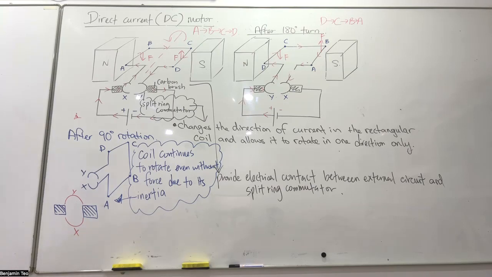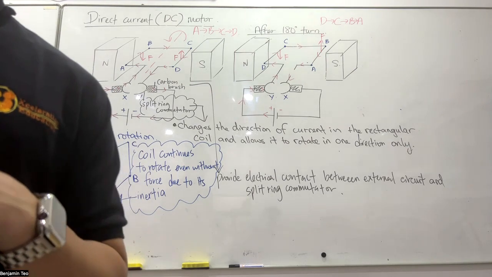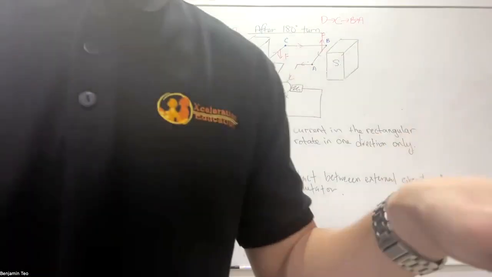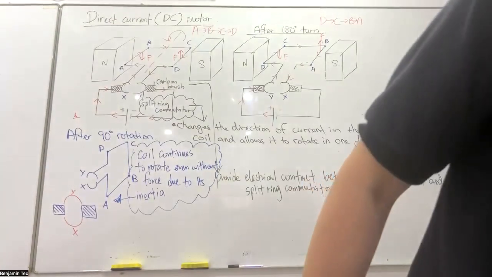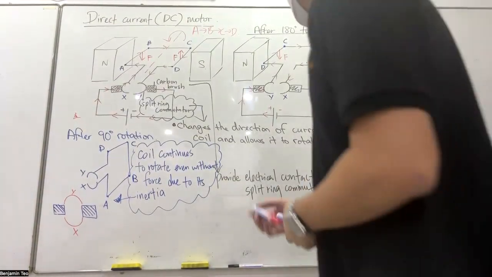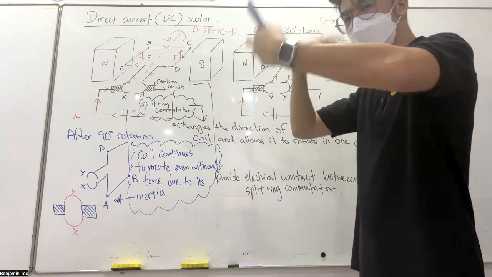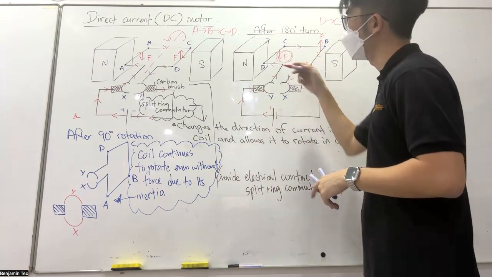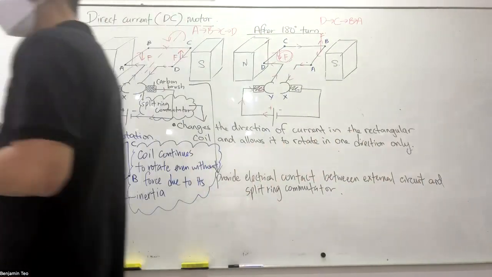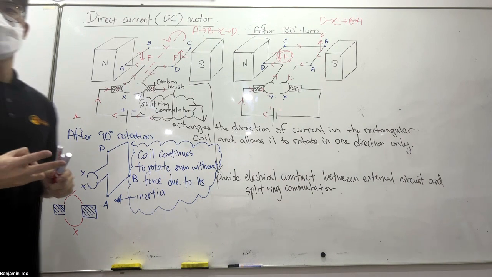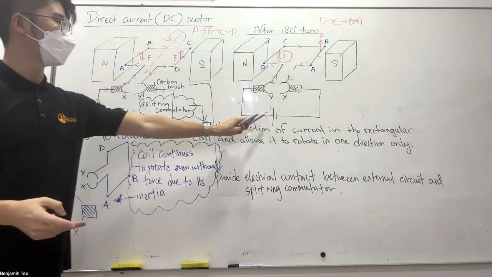How do I increase the speed of the rotation? To increase the speed of rotation, you have to increase the force. Stronger force, rotate faster. Then how do you increase the force? There are 3 ways. First, increase the voltage, which means increase the current.